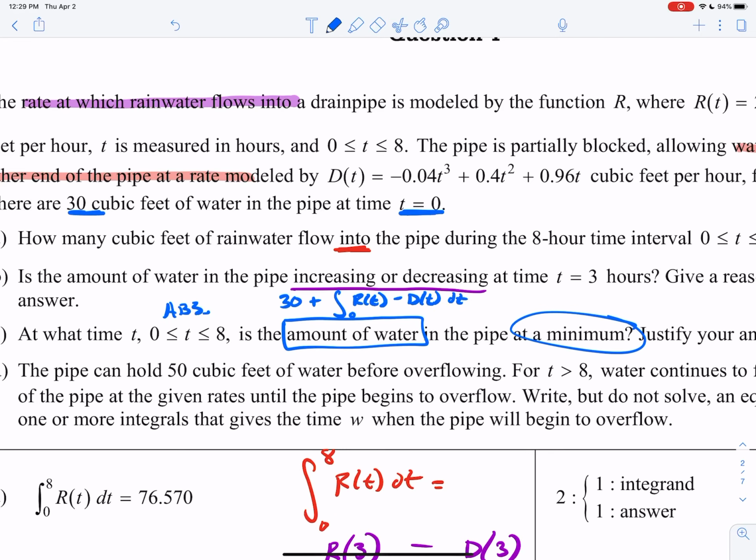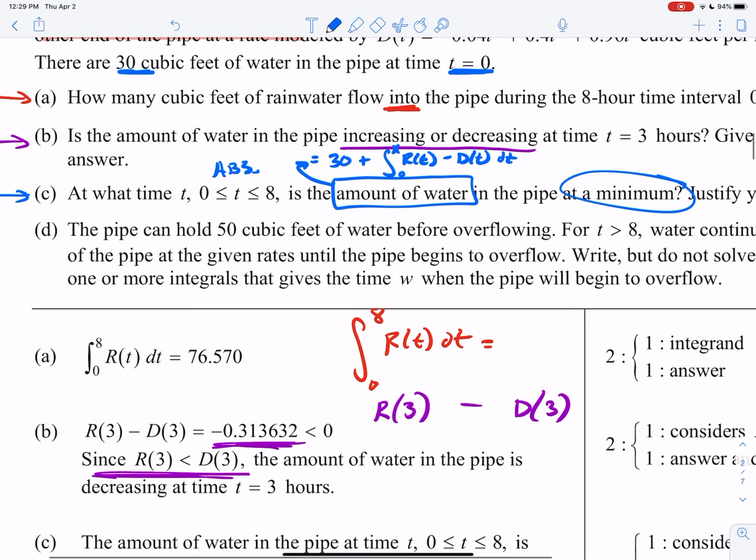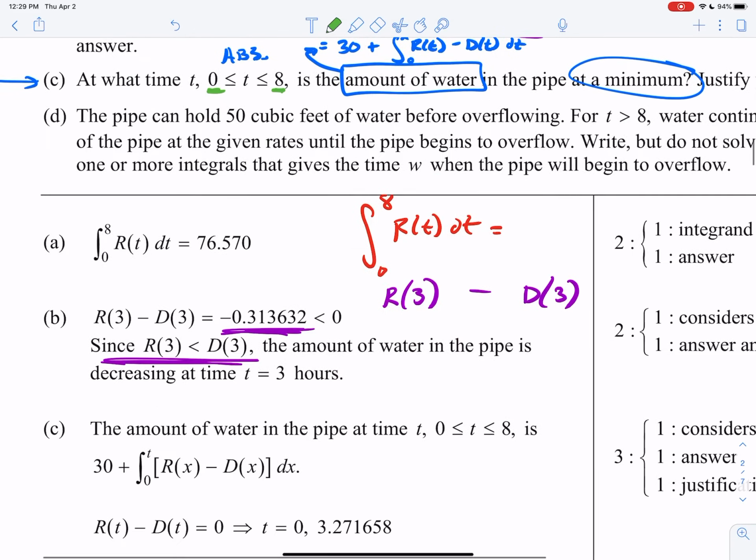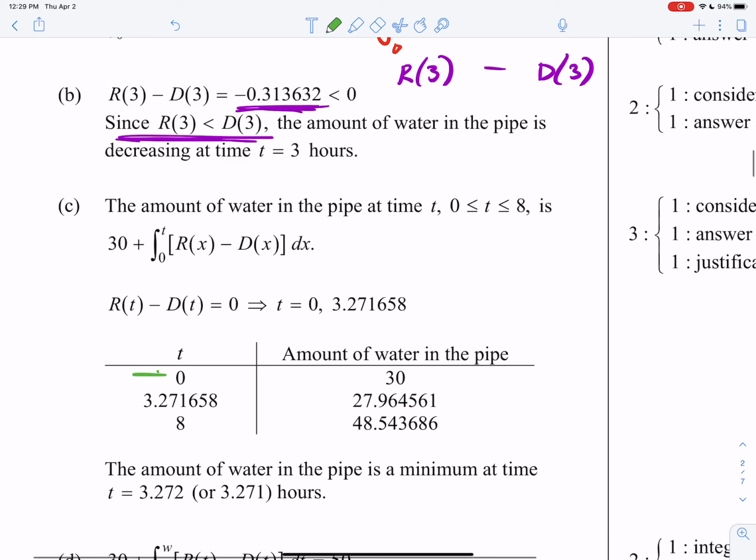Where I stop, and I'll just call this X, depends on what value I'm interested in here. So this right here is the amount of water. If I want to know where the amount of water is the minimum, it could occur at the 2 endpoints, 0 and 8, which is what we have right here, or at the derivative.